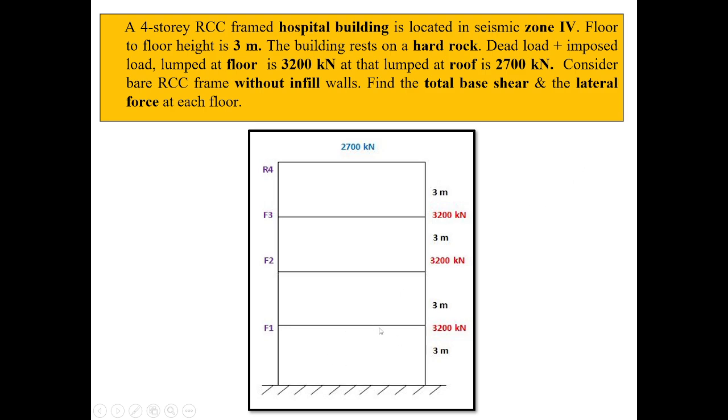That means we can see at floor 1, 2 and 3 the lumped mass is 3200 kilonewton, whereas the dead load plus imposed load which is lumped at the roof, that is R4, is 2700 kilonewton. Now consider bare RCC frame without any infill walls. That means without any walls, only you have to consider the frame structure, and the question is to find the total base shear as well as the lateral force at each floor.